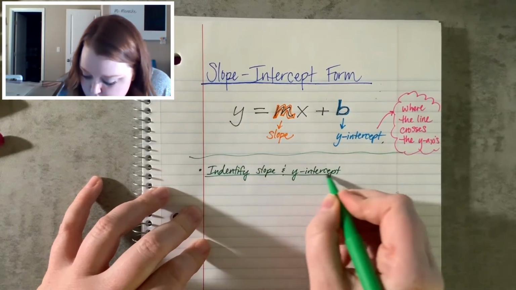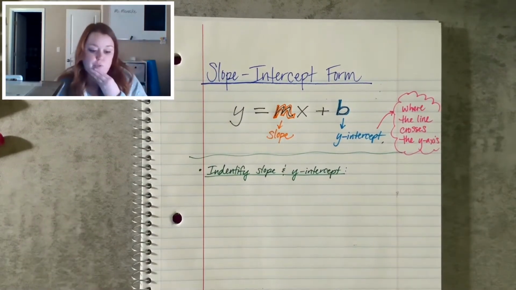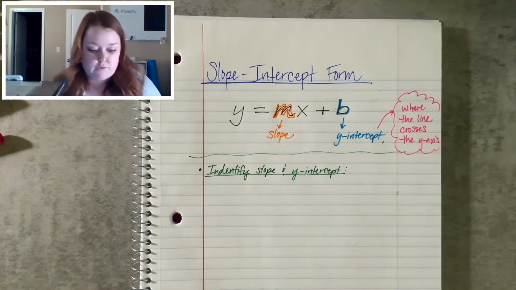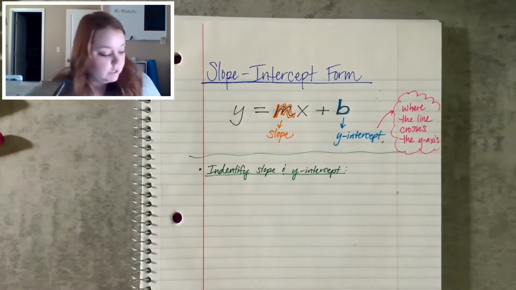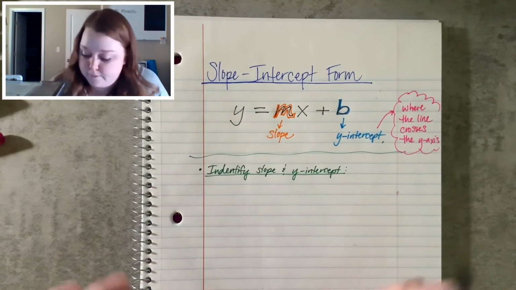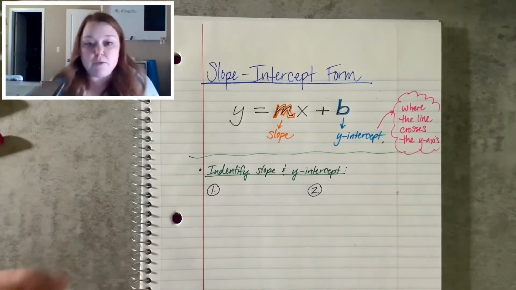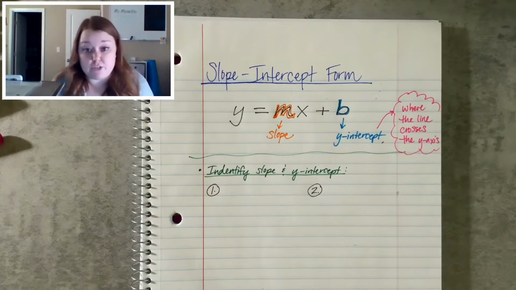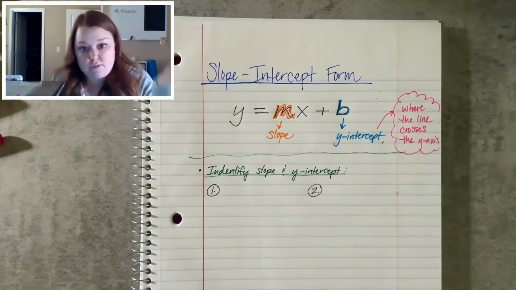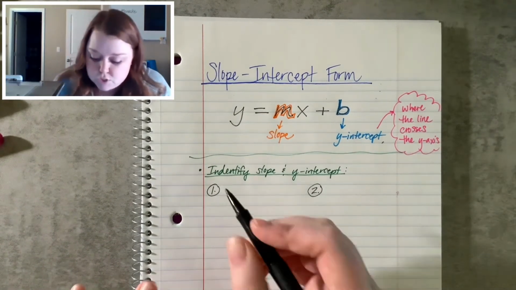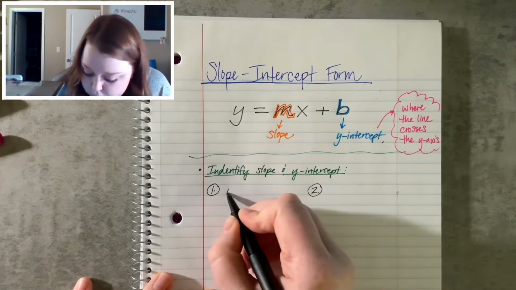So those are in the instructions. Yes, write them down so you know what you're doing later on when you look at your notes. I'm going to give you some equations. We're just going to do two in this section. I'm going to give you a linear equation, and you're going to identify the slope and the y-intercept.